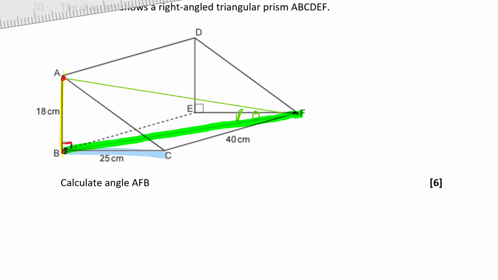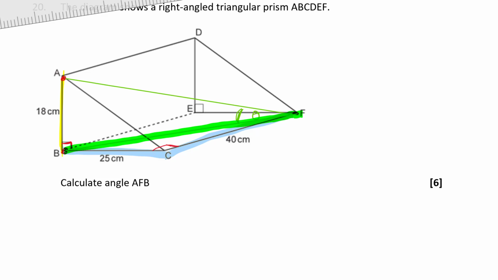If I draw this triangle in, the base of this prism halved, then I've got BCF, which is a right angle triangle. The right angle is here, isn't it? I know two of the sides, so I can use Pythagoras' theorem in that triangle to find BF. Once I've got BF, I can use trigonometry in ABF to find the angle. So that's my plan of attack.